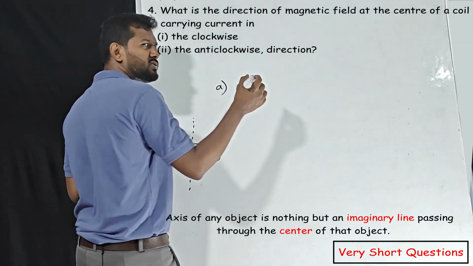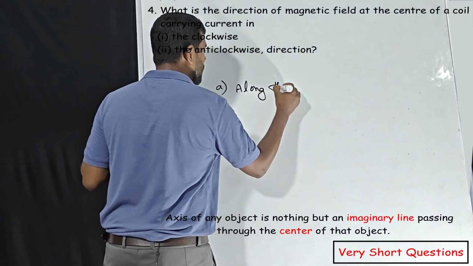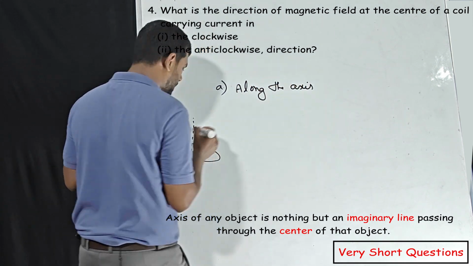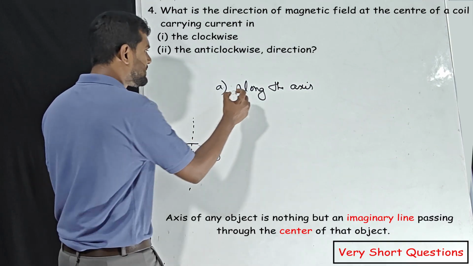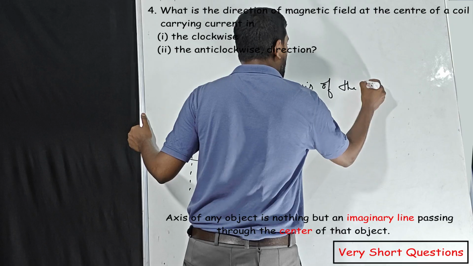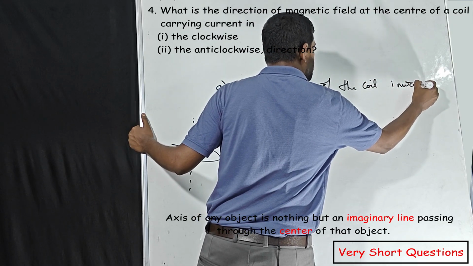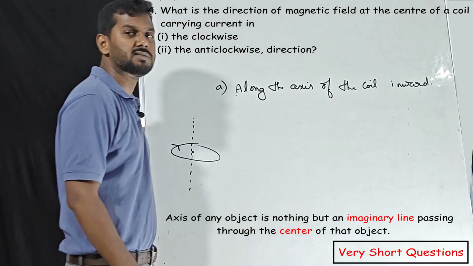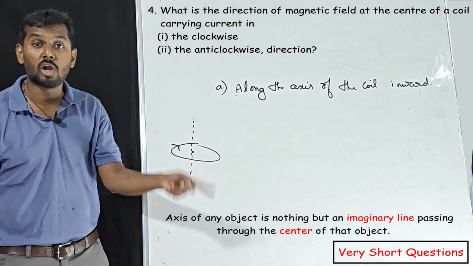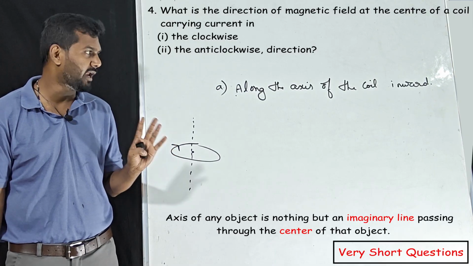You have to write this, because they are talking about the exact center. Along the axis of the coil, inward. This is very much important. If it is clockwise, we know it is south polarity, correct.